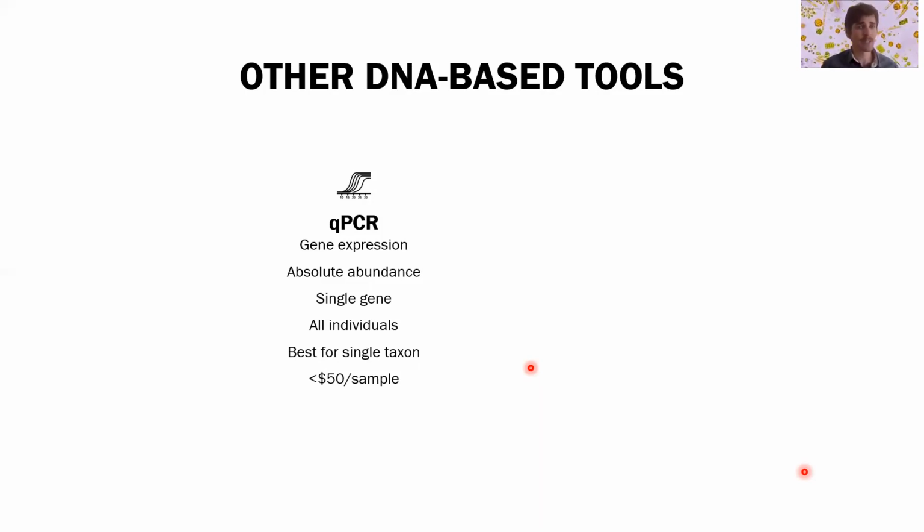This is best for single taxa of interest, like nuisance and invasive taxa, potentially like Didymosphenia geminata, where you're interested in the absolute abundance of it across different samples. And this is pretty cheap at less than $50 a sample, but there aren't a lot of taxa that we are currently able to do that for in terms of diatoms.